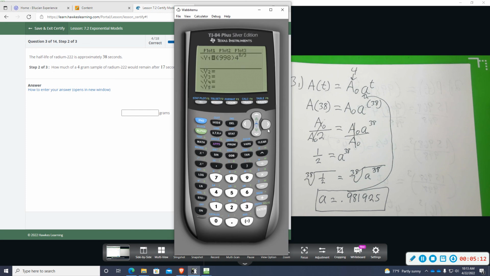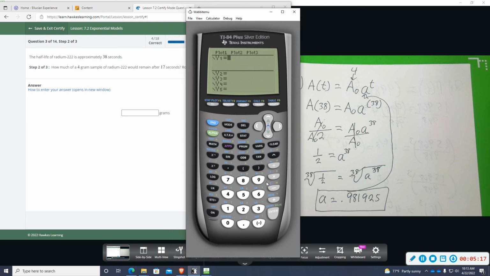Y equals, clear out. I'm going to type in 4, and then in parentheses, I'm going to type the a value, which is 0.981, close parentheses, and then I'm going to raise it to the x power. That's the variable that we input, as my t.